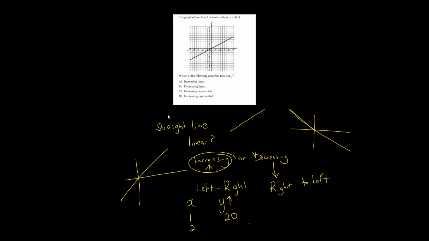If I put in a 2, the value is 25. However, for the decreasing function, if I put in a 1, I may get a 20, but if I put in a 2, I'll get a 15, right? So this is what determines what an increasing function is and what a decreasing function is.